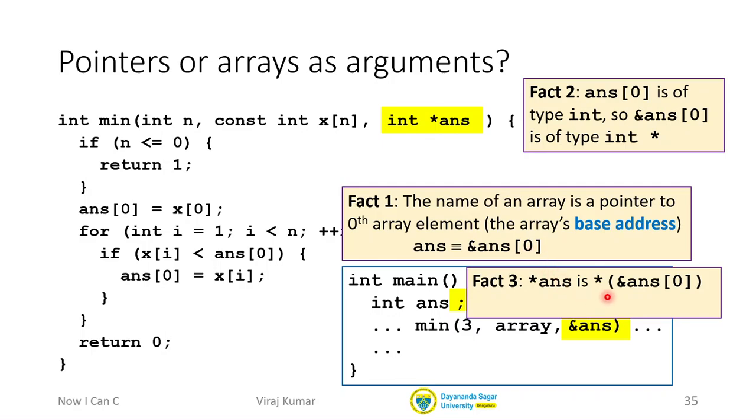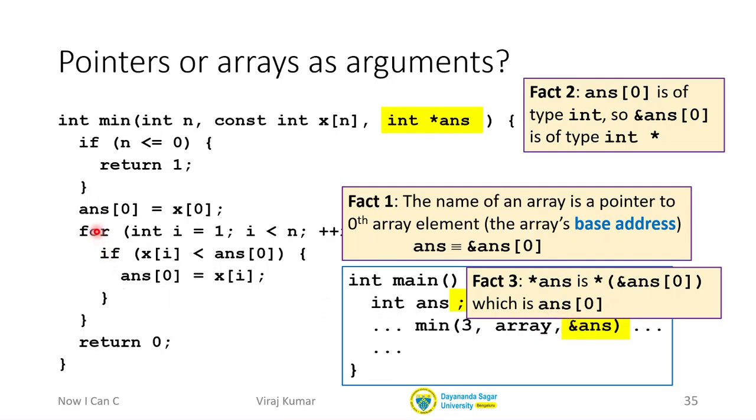And what is star of address of ans[0]? Well, the address of ans[0] is pointing to this integer. And if we take that pointer and star it, meaning dereference it, or look at the int that it is pointing to, well, that's just this integer itself. So star of ampersand ans[0], the star and the ampersand cancel and we're just left with ans[0].